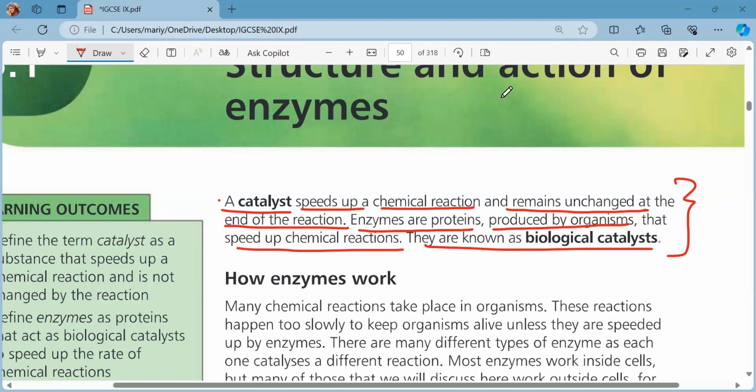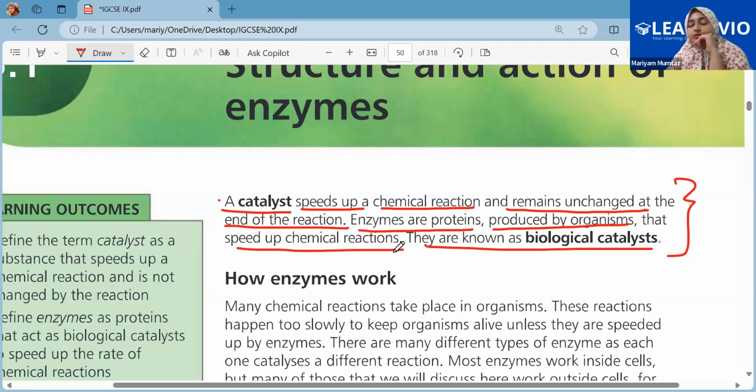So yeah, we were talking about what biocatalysts were. Now I was asking you, do you remember me telling you that there are certain molecules that can increase the rate of the reaction, and those are known as the catalysts, and the enzymes are the biocatalysts? Do you remember me saying this?